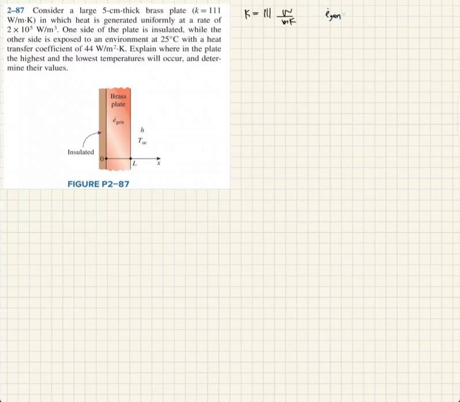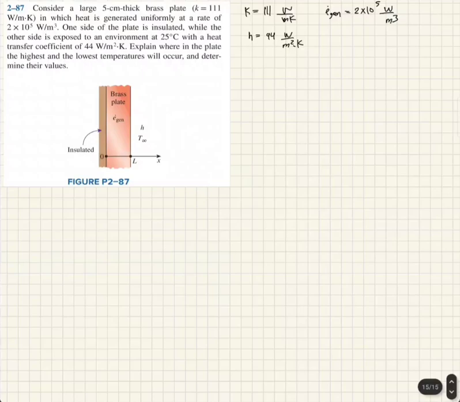So e_gen equals 2 times 10 to the 5, and 25 degrees Celsius, and h is 44. Okay, so this is everything that we know. I'm also going to write T infinity equals 25 degrees Celsius.